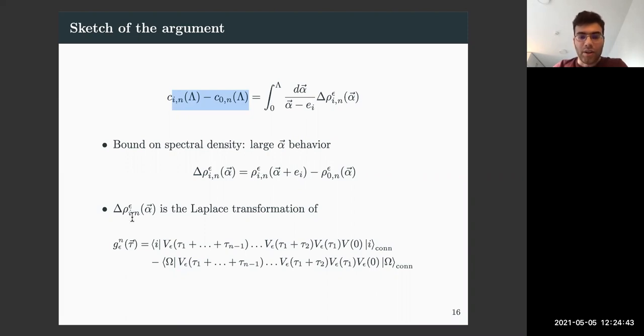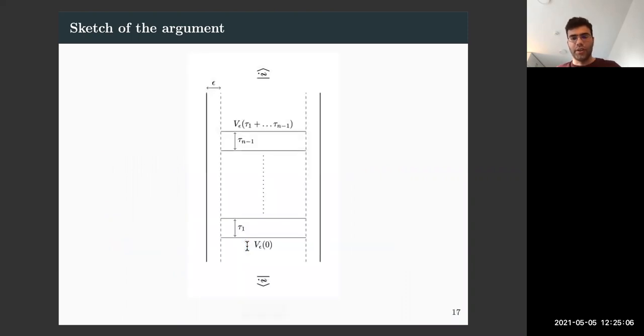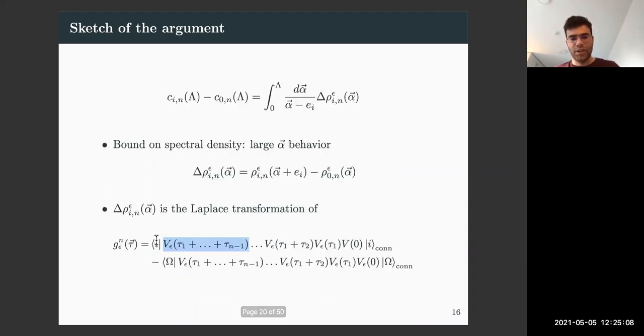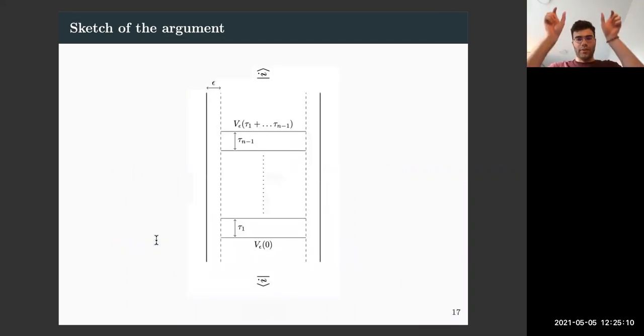This delta rho is the Laplace transformation of this function g, which is the difference of the two n-point correlation functions of V. We introduce this epsilon to make all of these integrals convergent, and later take the epsilon to 0 limit. Each part of this G looks like this: the strip is removed by epsilon, and then we have insertions.